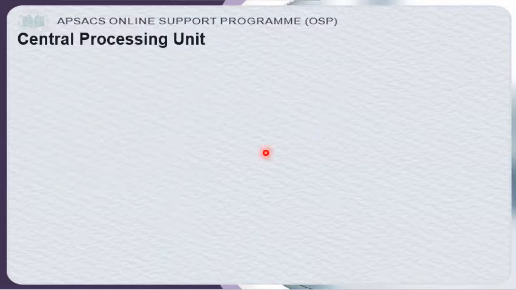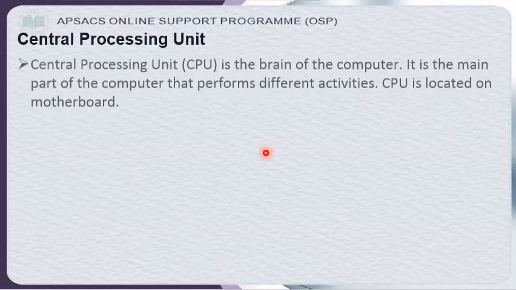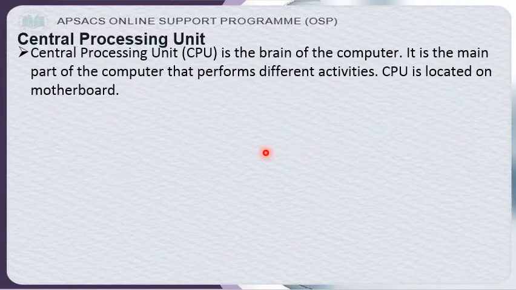Central processing unit. As most of you know, the central processing unit is known as the brain of the computer. Why is it known as the brain of the computer? Because all the processing is done inside the central processing unit.